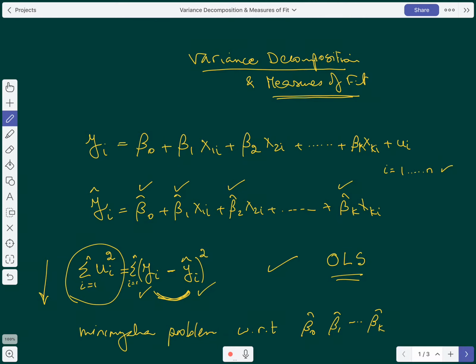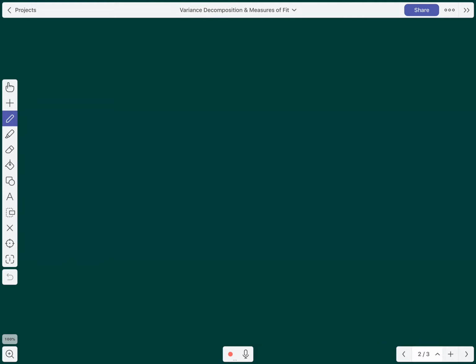Based on this simple introduction, we can write our yi as being equal to the estimated value yi hat plus a certain amount of estimated errors. If we want to, we can subtract the average of y from both sides to create what we call variance.